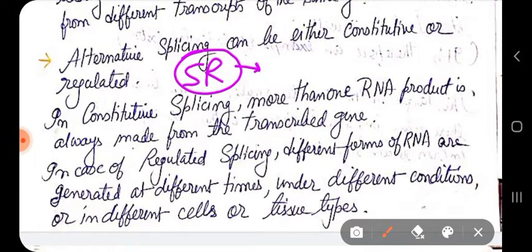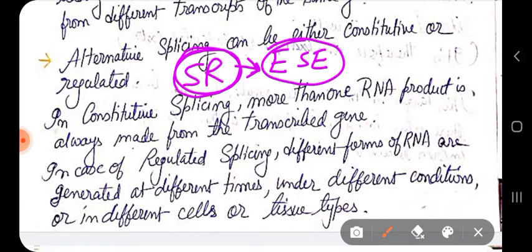It is a type of enhancer, the exon splicing enhancer, ESE. So SR proteins bind to the exon splicing enhancer regions, and these SR proteins allow the spliceosome complex to identify the 5' splice site and the 3' splice site and bind. So it is a type of enhancer. One example I have given is SR proteins. We will see them in this lecture.